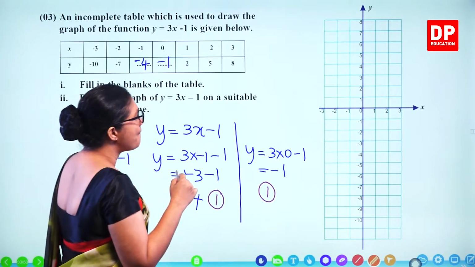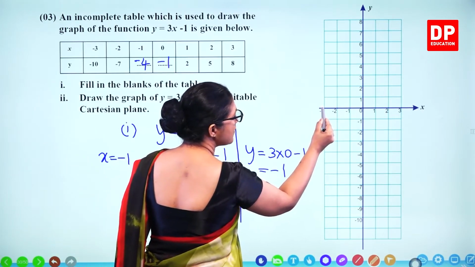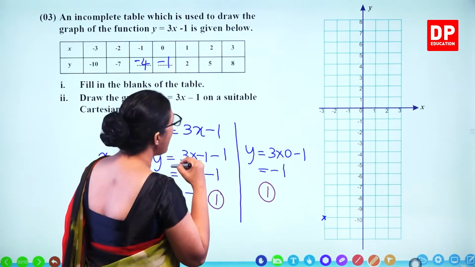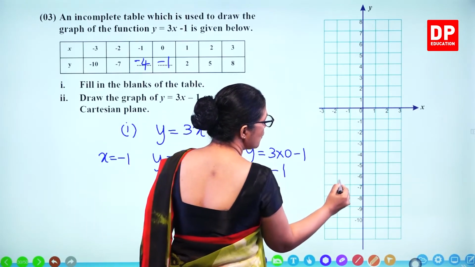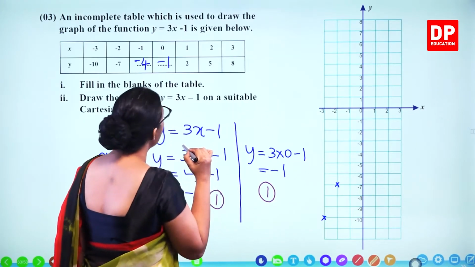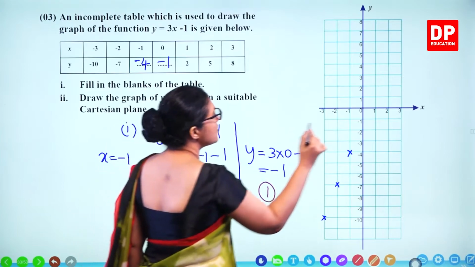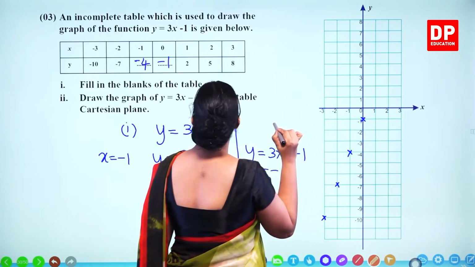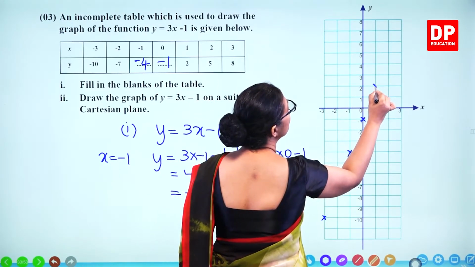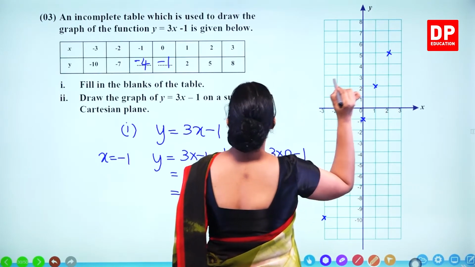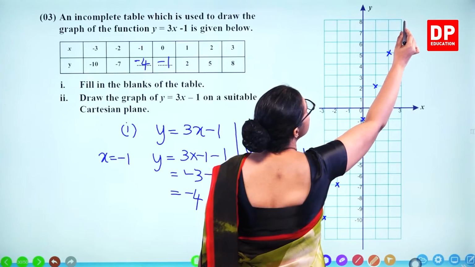Minus 3, minus 10. So minus 3 is the x value, minus 10 the y value. Minus 2 with minus 7. Minus 1 with minus 4. 0 with minus 1. 1 with 2. 2 with 5. 3 with 8.